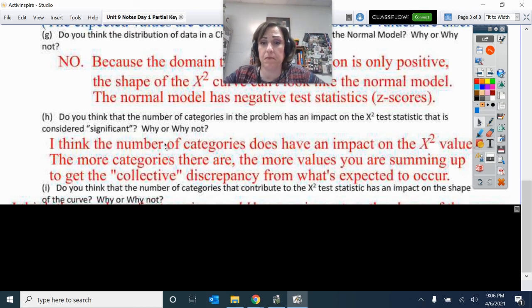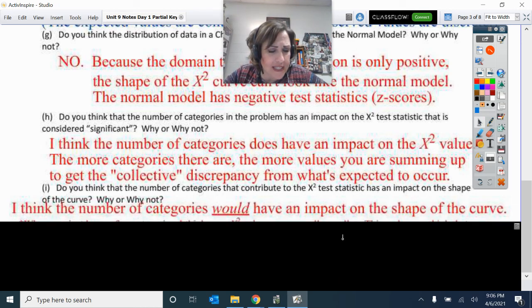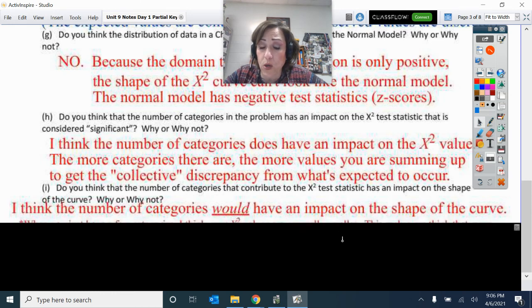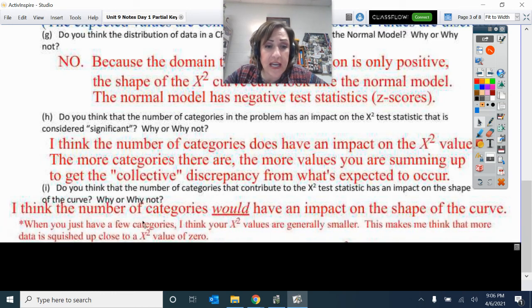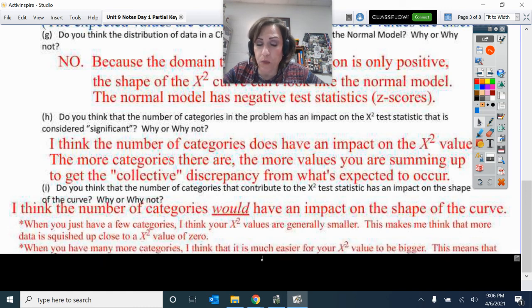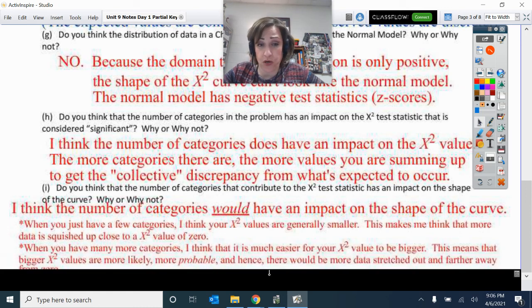What do you think about that? I think I wrote that out here. The number of categories would impact the shape. When you have just a few categories, the chi-squared values are generally smaller, so more data is squished up closer to 0. But what if I have more categories?